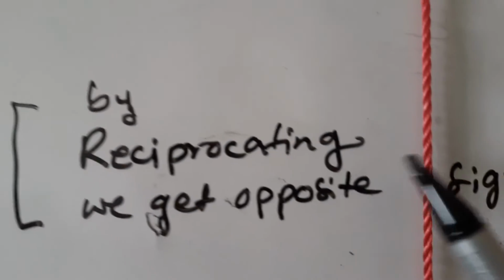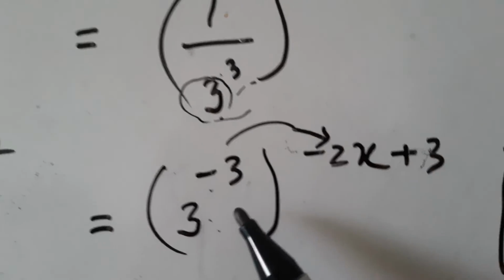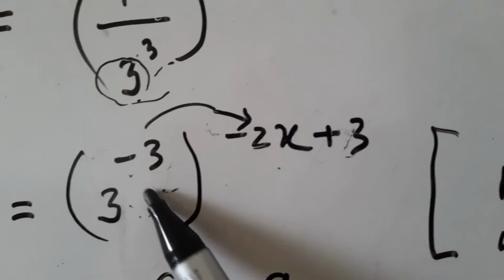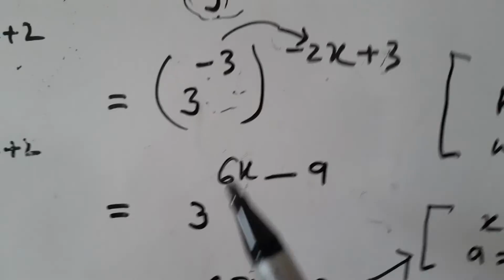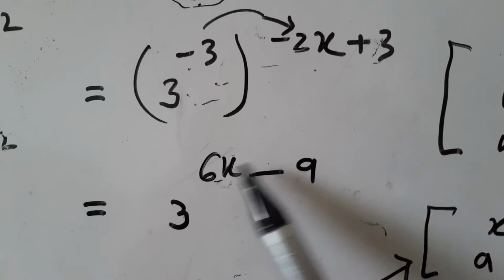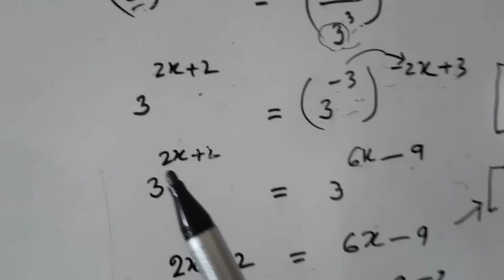By reciprocating, we get the opposite sign. So now there was positive, it has become negative. Now again we have to distribute with minus 3. So you know 2 negatives is equal to 1 positive, 3 to the 6x, and minus times minus 3 is plus 9. So you see now it looks like this.